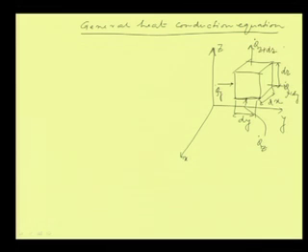So, what is this? Q dot y means the rate of heat transport at plane y, and q dot y plus dy means the rate of heat transfer at plane y plus dy on the right hand side. Q dot z means the rate of heat transfer at the bottom plane, and z plus dz means the rate of heat transfer at the top plane.